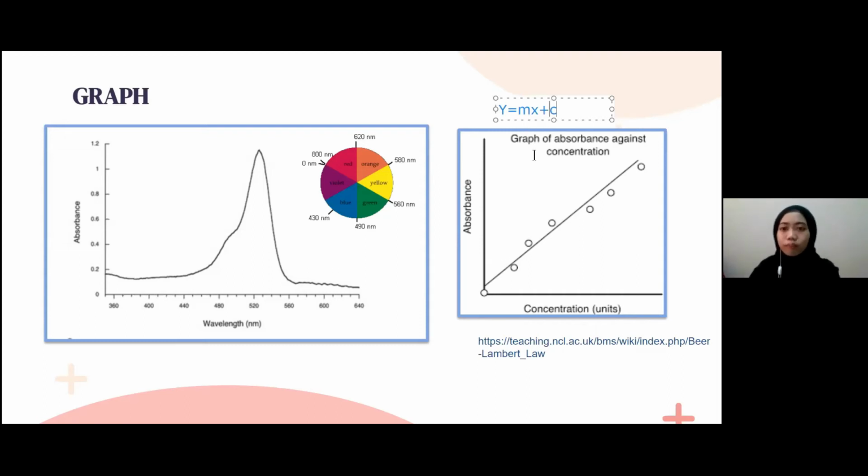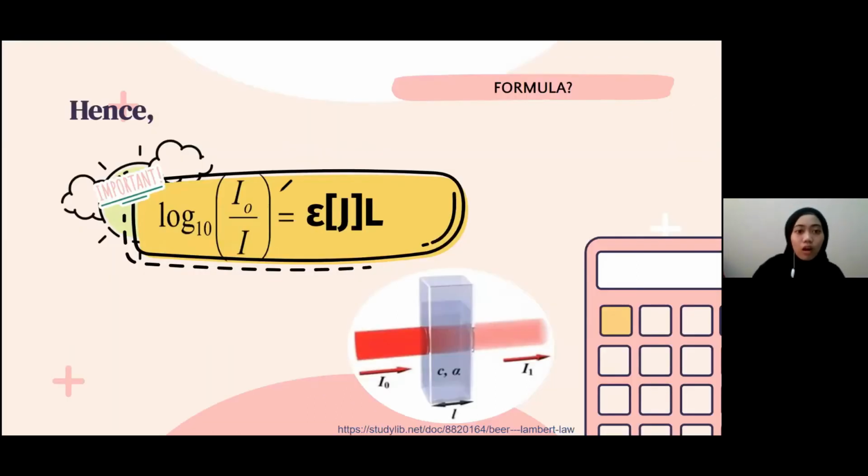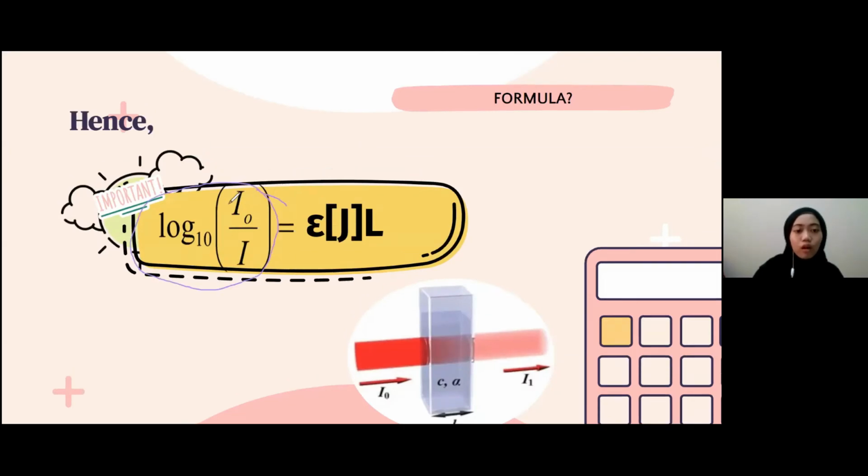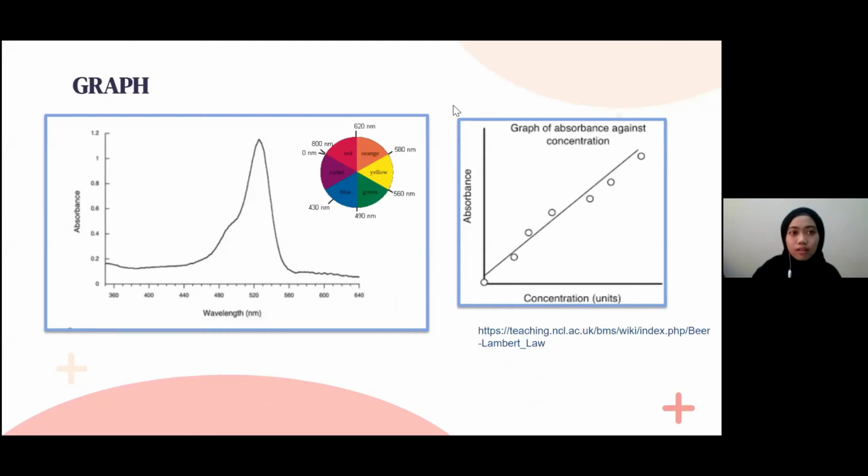So refer to the previous slide. Looking at the formula, the intensity of absorption here will be our y, and epsilon here will be our m, which is the slope, and concentration here will be our x. Okay, so the value of y can be obtained from this equation, and then we have to find the unknown concentration, which is x, from this graph.